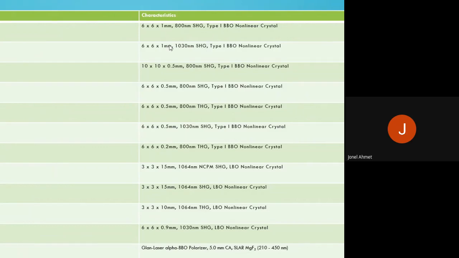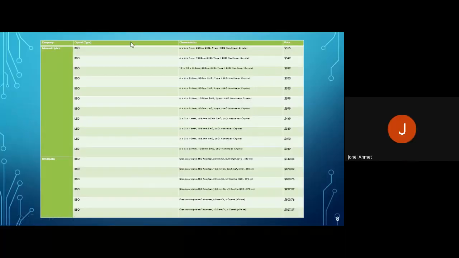And then we see the prices. We can see that the first one costs more than $500, and so on. As we see, these crystals are not cheap. The first ones are from a company called Edmund Optics, and the second ones are from a company called Ferrolabs.